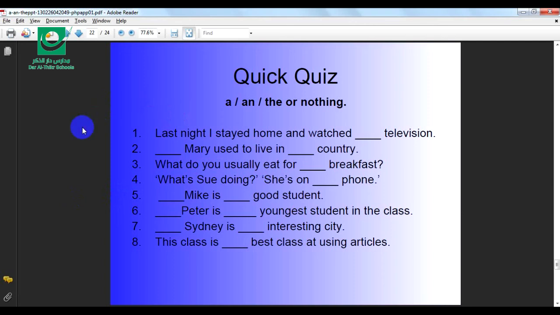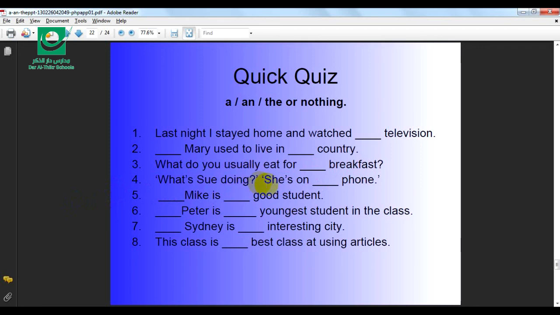Okay, number one. Last night I stayed home and watched television. Which article are you going to use: a, an, the, or nothing? Please get a piece of paper and a pen and write the answer. Number two. Mary used to live in country. Number three. What do you usually eat for breakfast? Number four.